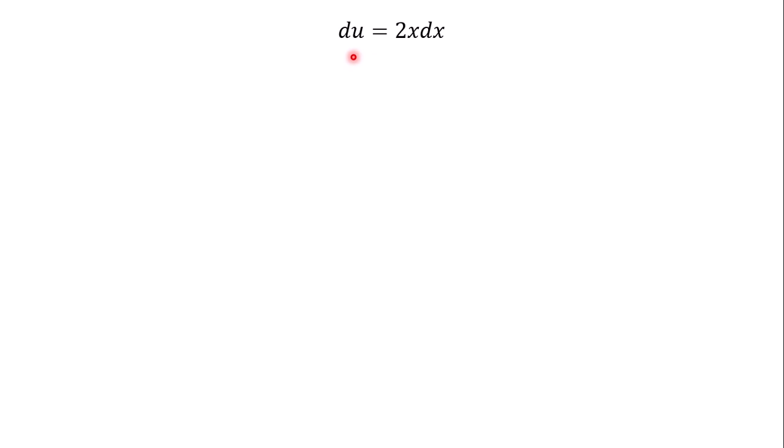Yeah, so du is equal to 2x dx. Well, we need to find dx because we are moving from the x world into the u world. Now this is not a double integral where you have to deal with two different variables at the same time.